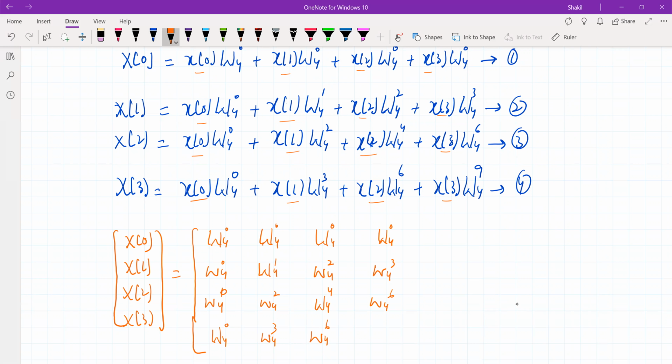Then W4 to the power 0, W4 to the power 2, W4 to the power 4, W4 to the power 6. Then W4 to the power 0, W4 to the power 3, W4 to the power 6, W4 to the power 9. Then I will write the terms of the given sequence on this.